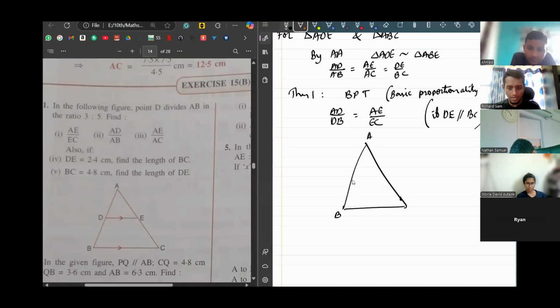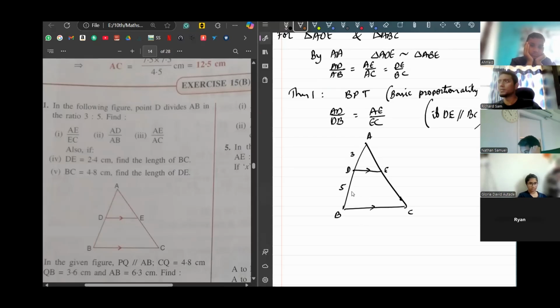AB is here, and point D. What do they say about point D? Point D divides this line AB in the ratio 3:5. That means this part is 3 and this part is 5. Correct? And secondly, we can also see in the diagram that this line DE is parallel to BC.